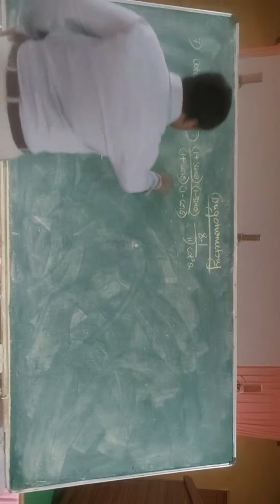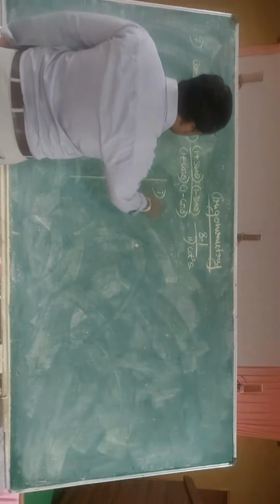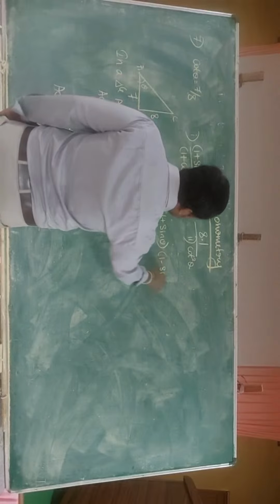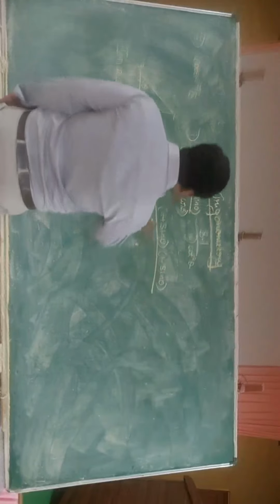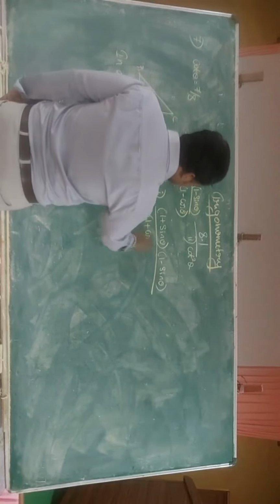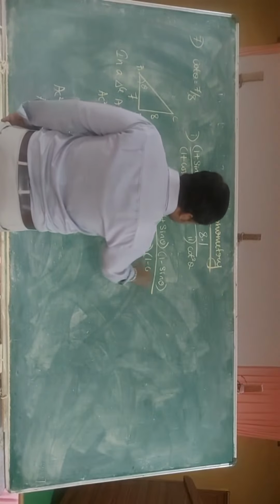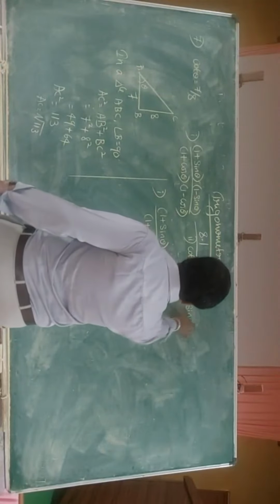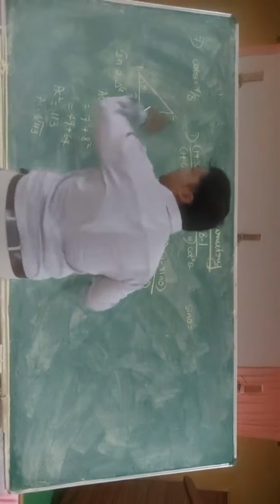So now we are asked to calculate first one: (1 plus sin theta) into (1 minus sin theta) divided by (1 plus cos theta) into (1 minus cos theta). Sin theta is equal to opposite upon hypotenuse.